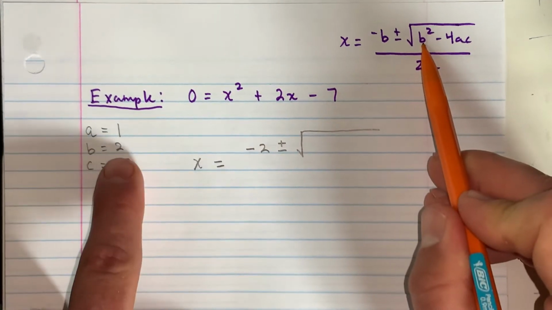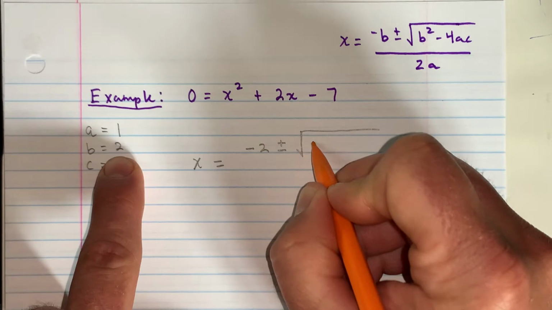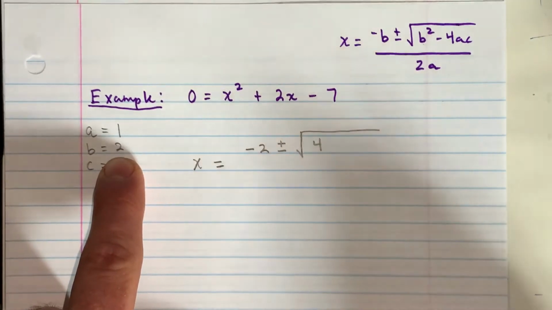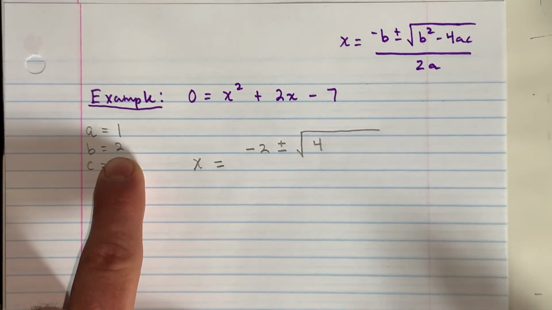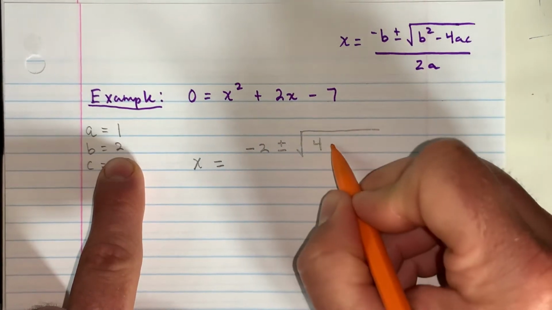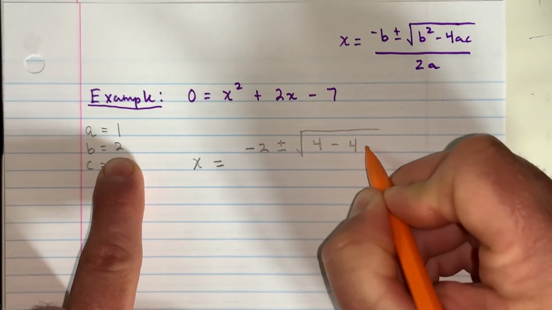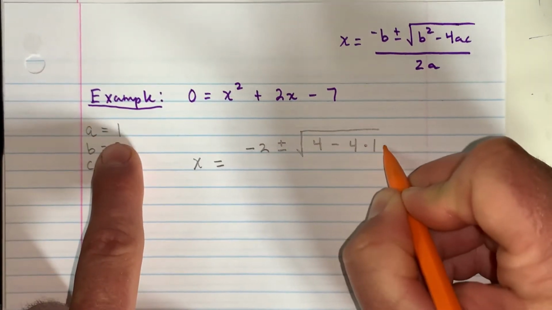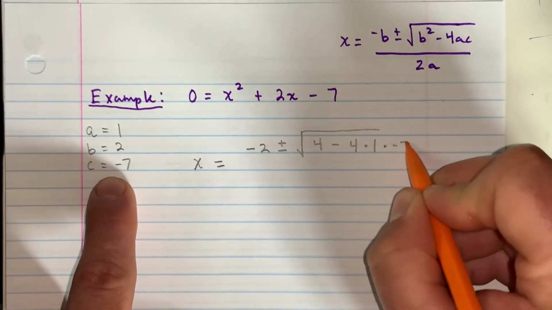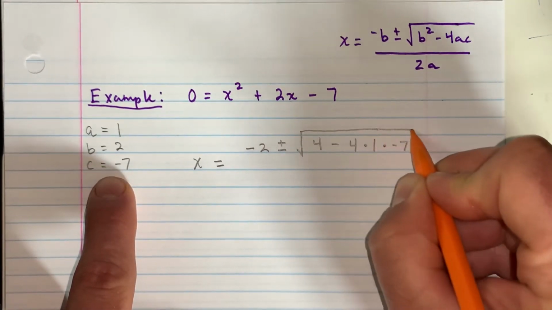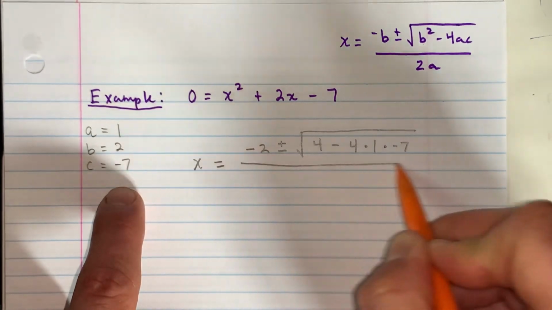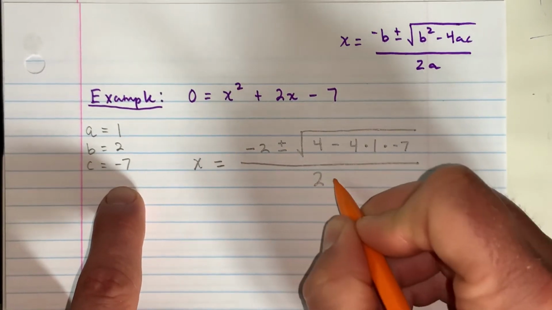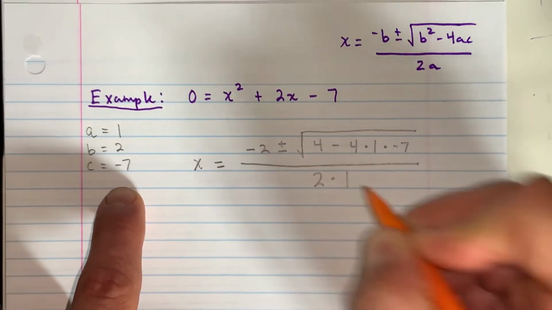B squared, which in this case would be 4. If you guys are okay, I'm just going to write that as 4, but if you wanted to write it as 2 squared, you could. Minus 4 times A times C. And that's going to all be over 2A, which in this case would be 2 multiplied by 1.